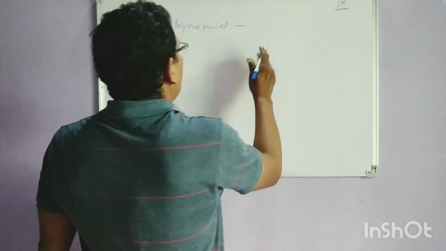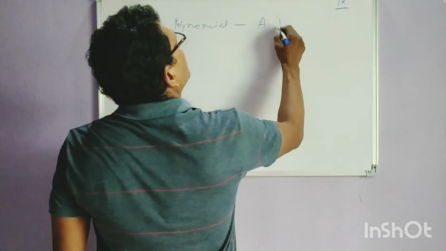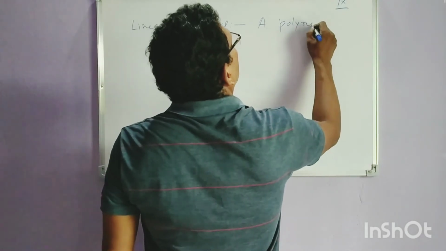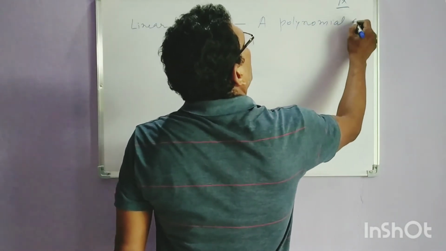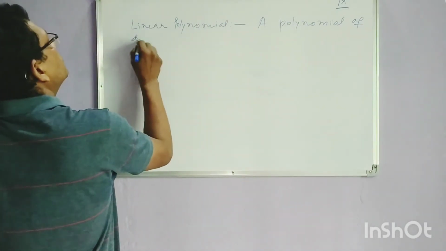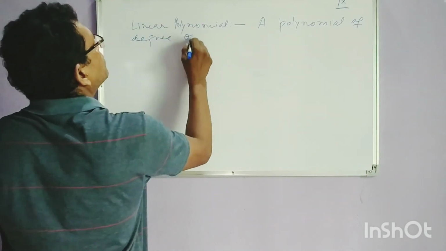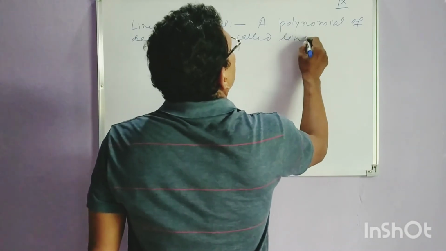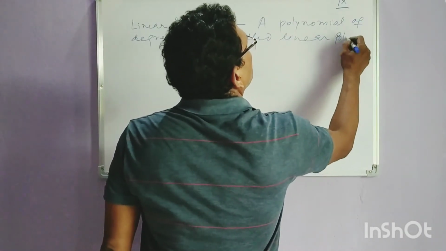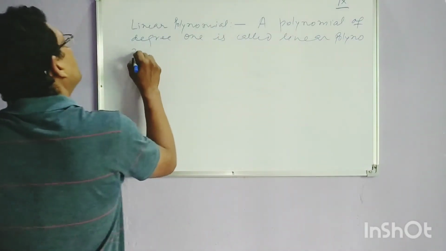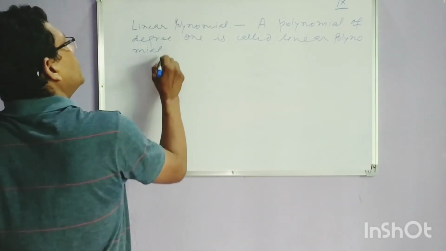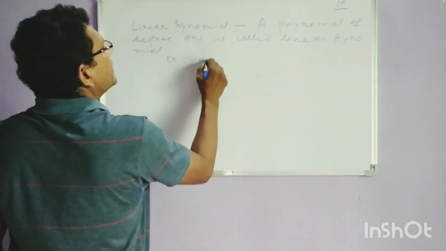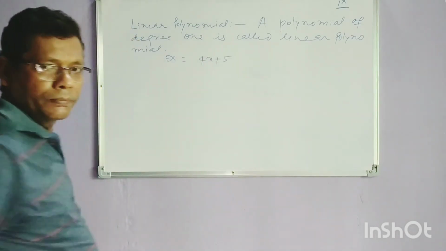Now come to linear polynomial. A polynomial of degree 1 is called linear polynomial. Example 4x plus 5.